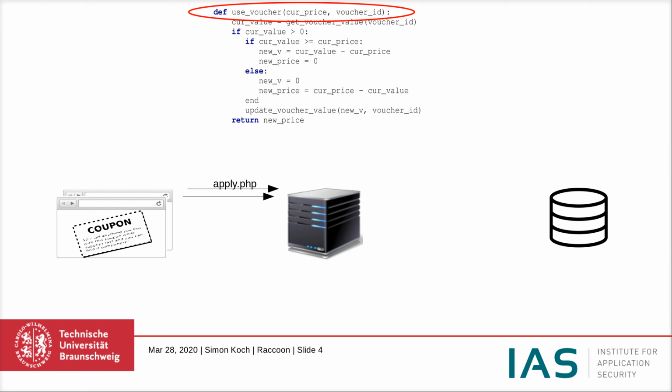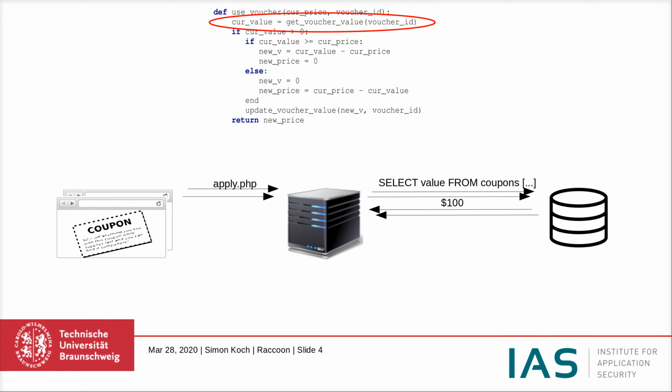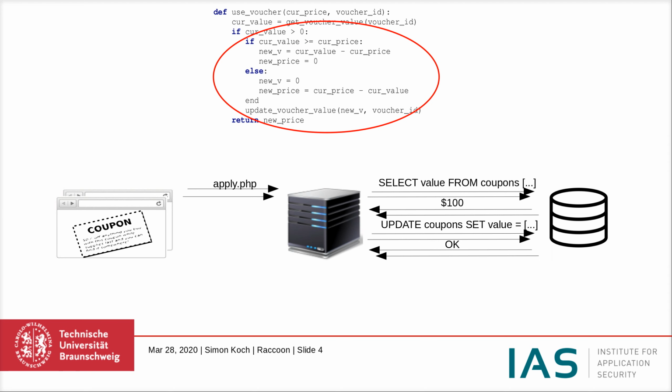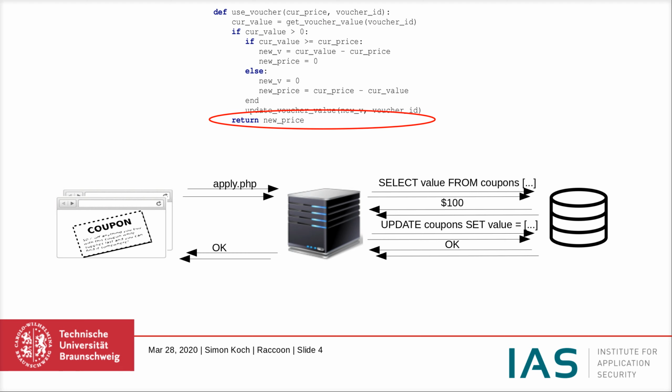Both executions now retrieve the current value of the coupon from the database, and both executions use the retrieved value to check if the coupon still has value. Both executions then proceed to apply the coupon value to the shopping cart and update the value of the coupon in the database accordingly. Finally, both executions return the new shopping cart value to the user.